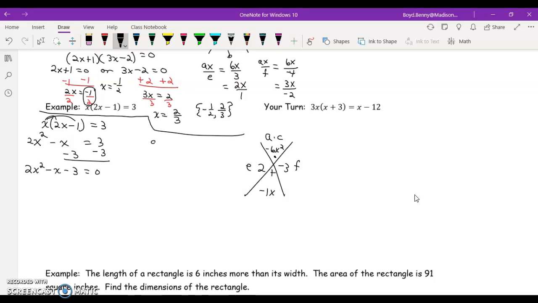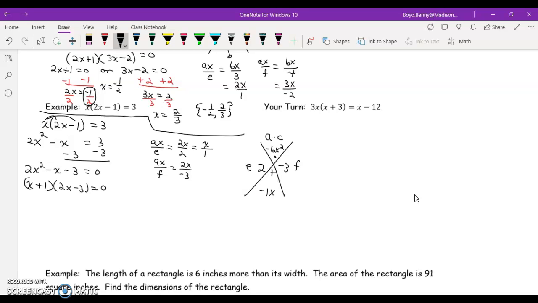So then if I look at my ax over e, that's going to be 2x over 2, which of course simplifies down to x over 1. And then if I look at my ax over f, that's going to be 2x over negative 3, and that one's simplified as much as it can be. So my first factor is x plus 1, and my second factor is 2x minus 3 equals 0.